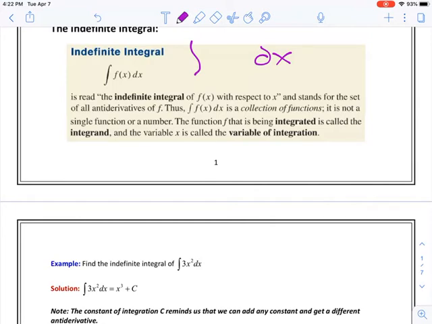And then we have the dx. They kind of go together, and then in between we have the function. So to write it properly, you have to include the squiggly line, and you have to include the dx. So all this is telling us, when you see this, is, hey, find the antiderivative.